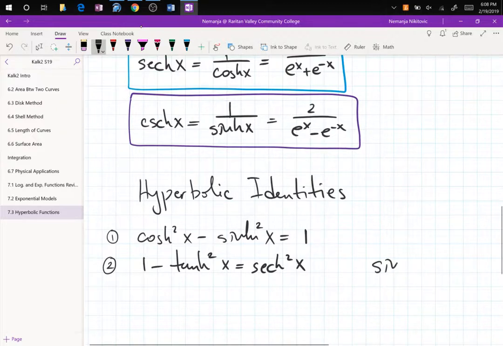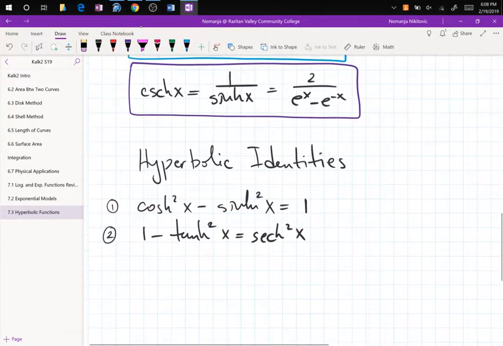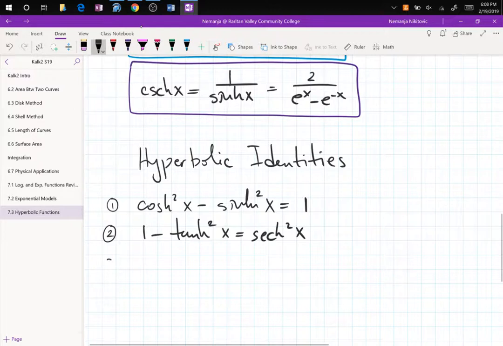You will put sine squared x, right? So the square is there. So the whole thing is 1 unit. Cotangent hyperbolic x minus 1 is equal to? Very good. You got it.